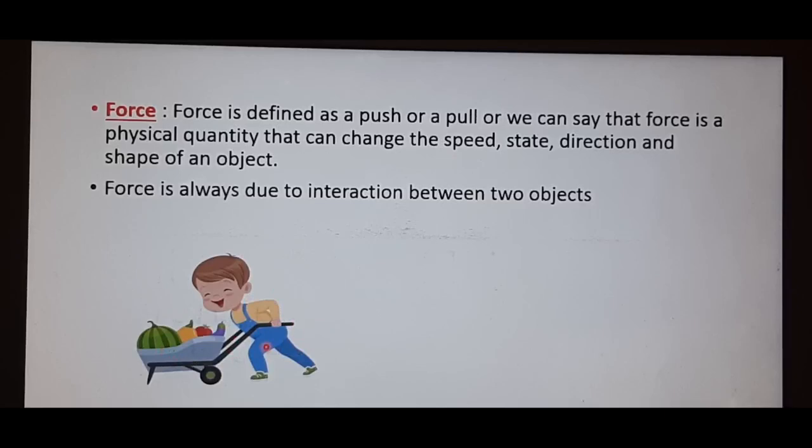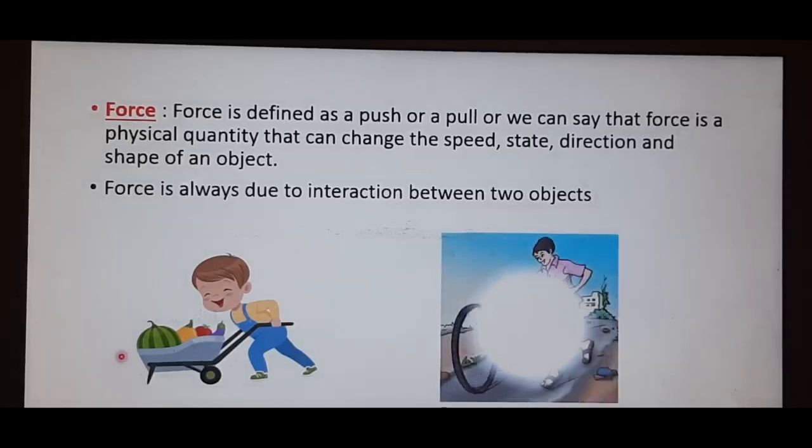Direct touch we can say is interaction, or they may not be touching, as you will come to know in further examples, but now just remember one thing, that touching is interaction. He is holding the cart with his hands, which means this boy is interacting with this cart, and as a result this boy is able to push this cart, and push is a form of force.